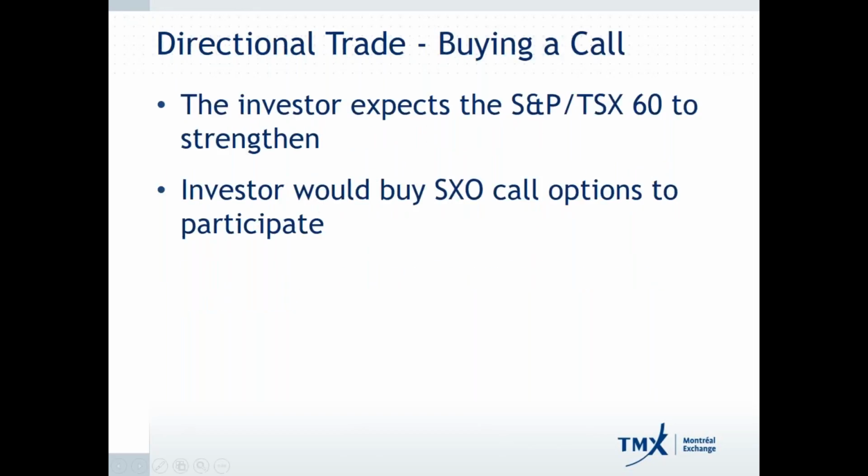So let's look specifically at buying a call option. So once again, the investor would expect that the S&P TSX 60 is going to strengthen or go up in value, and the choice to participate is to buy a call option.